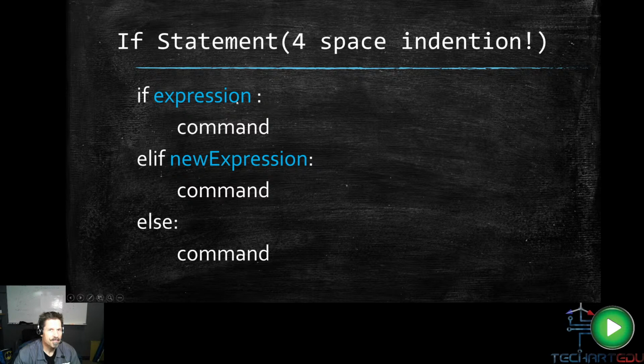In Python, they don't use the little squiggly brackets to create blocks of text. Instead, they use indentation. And if they're using indentation, how do you know where the end of the line is? That's where they use a little colon. The colon designates the end of the line. So we have a colon, then we indent, and now here's our block of text, which goes right in there as the command.